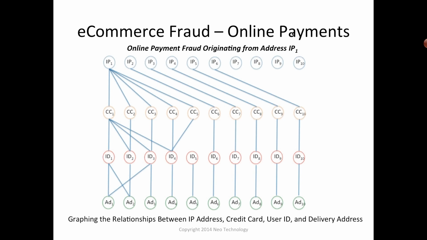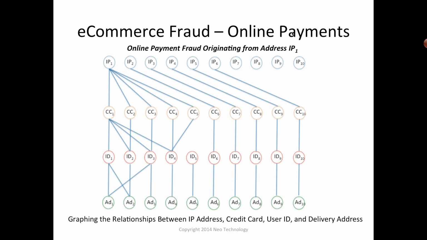And these are usually pretty well balanced, and there can be cases where you have a big house with several people living there and sharing one or more credit cards, and having a specific delivery address.